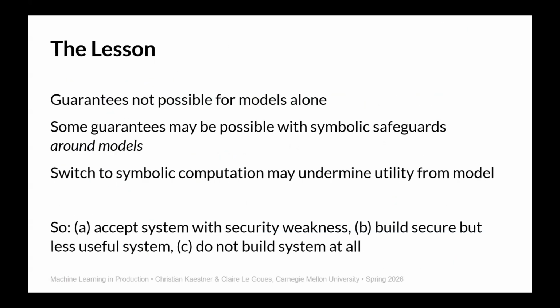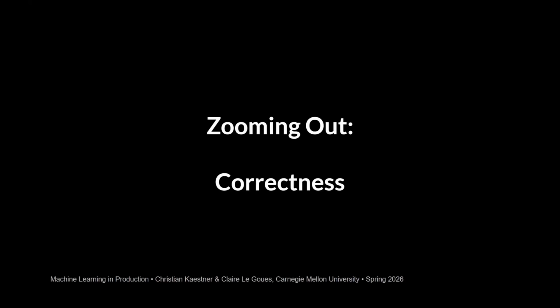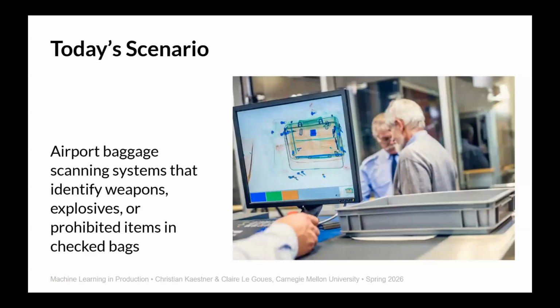All right. Let's zoom out a little bit and talk about correctness. And it becomes a little bit philosophical in a second, but I promise this is useful. Or I find this useful. I'm going to use a running example of a baggage screening system in an airport that maybe screens checked bags for dangerous materials.